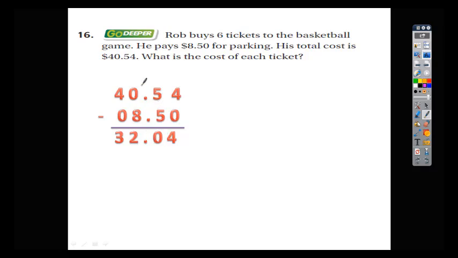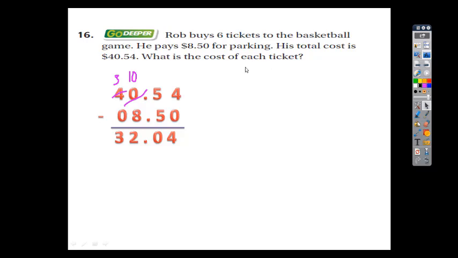Remember, when you make plus or minus, you have to align the point, so put the point down. After that, 0 minus 8 doesn't work because 0 is smaller than 8, so you have to pull 1 from 4, so 4 will be 3, and this 0 will be 10. So 10 minus 8 equals 2, and then 3 minus 0 equals 3. That's the total money that he paid for the 6 tickets.